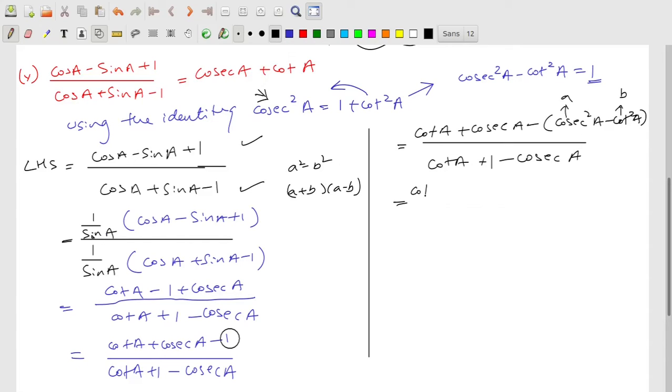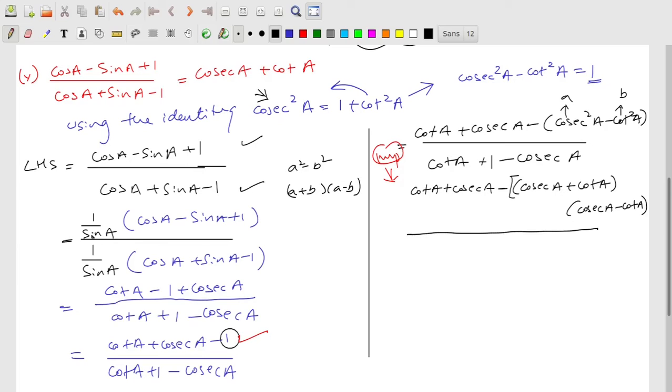So then you will get cot A plus cosecant A minus, a square minus b square, a plus b, that is cosecant A plus cot A into cosecant A minus cot A. Okay, so this step is important. You need to just remember this step. The remaining steps you will get. You need not remember any, but the important one is changing this 1 to cosecant square A minus cot square A.